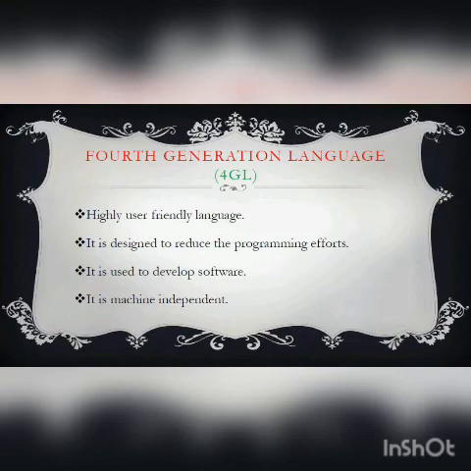But here, it can be done with 1 or 2 lines. That means the programming effort is less. You have to type less. Then, these fourth generation languages are used to develop software. Lastly, this is also machine independent. It can run in any of the machines.